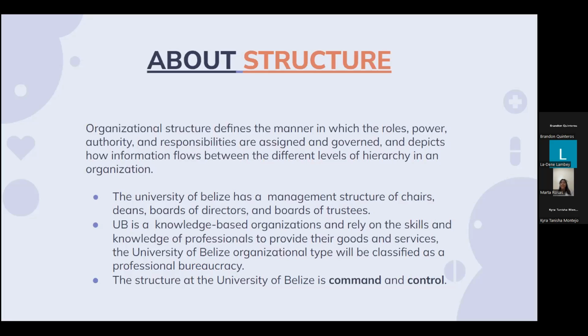UB is relatively formalized but decentralized to improve autonomy for professionals. The University of Belize has a management structure of chair, deans, board of directors, and board of trustees. UB is a knowledge-based organization and relies on the skills and knowledge of professionals to provide their goods and services. The University of Belize organizational type will be classified as a professional bureaucracy. The structure at the University of Belize is command and control. Next slide, please.